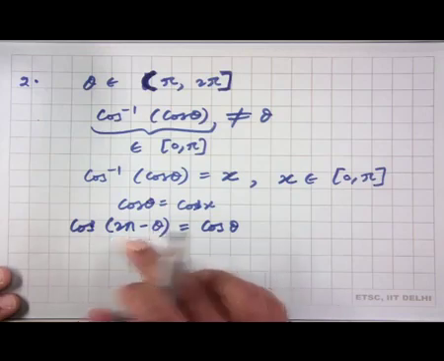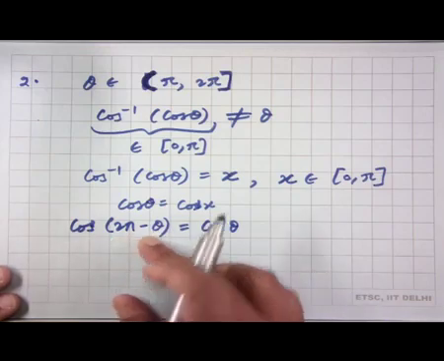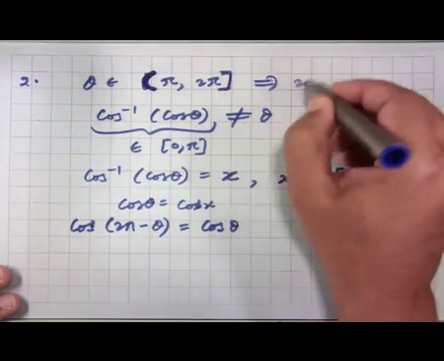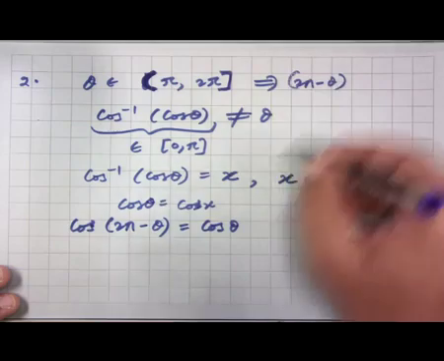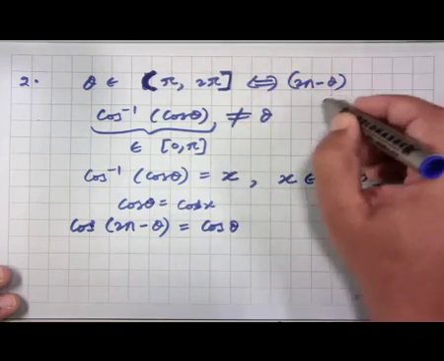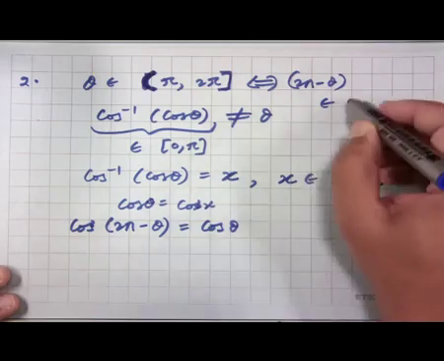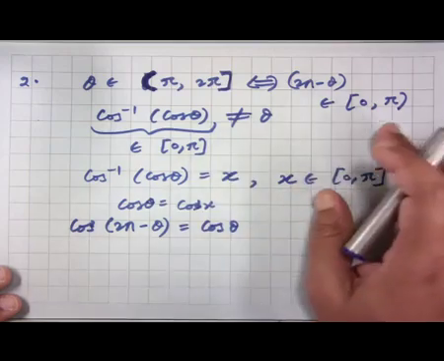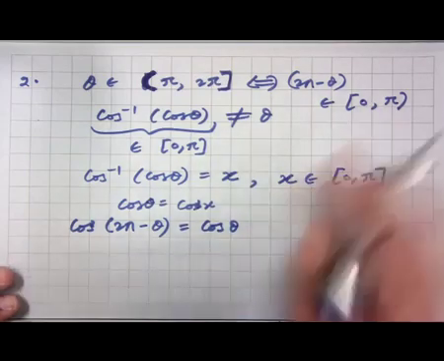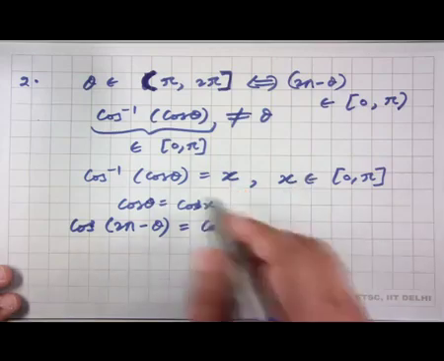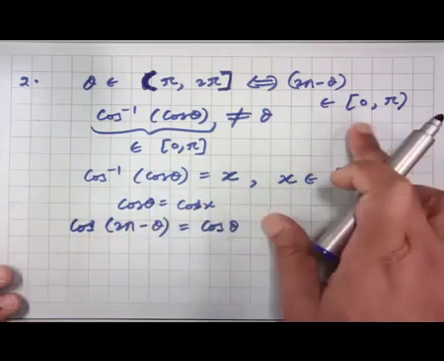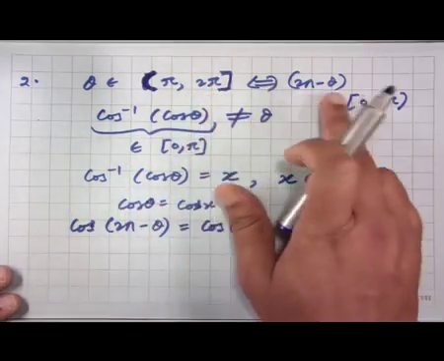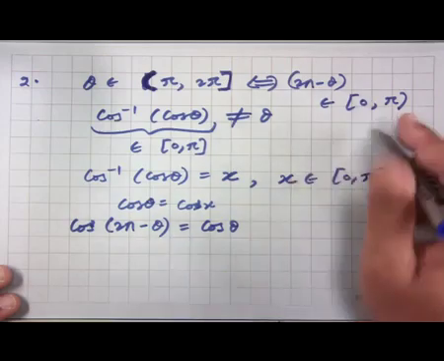The reason we took 2 pi minus theta is that if theta belongs to pi to 2 pi, then 2 pi minus theta would belong to the interval 0 to pi.